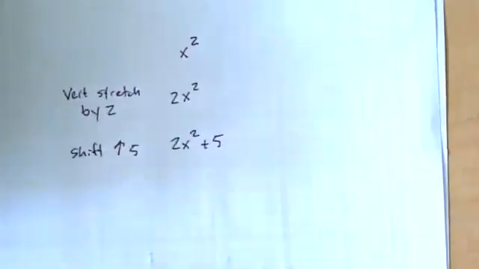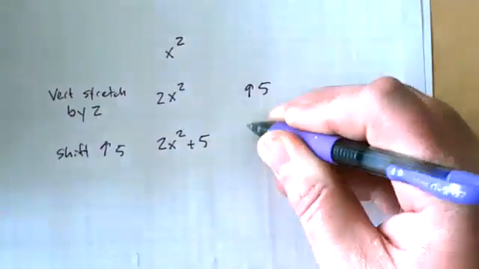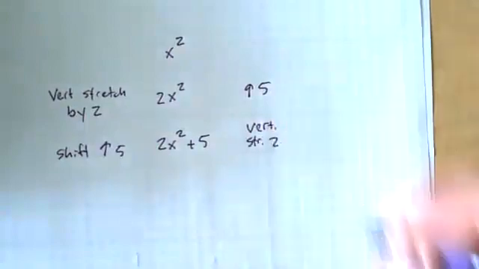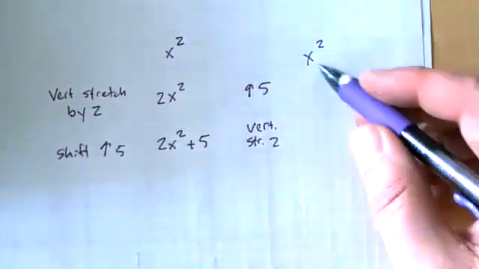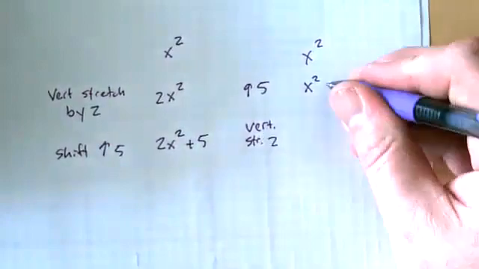All right, here's where it gets interesting. If I switch it, if I do my shift up by 5 first, and then my vertical stretch by 2, starting with x squared again. So I'm going to take my entire function, which is now just x squared, and what am I going to do to it? Plus 5.